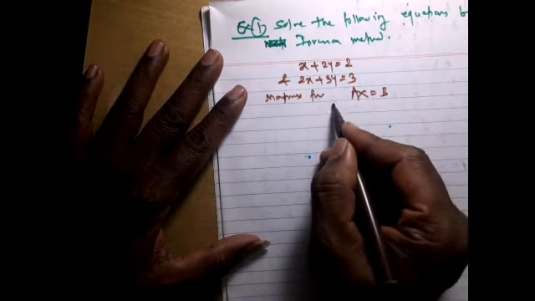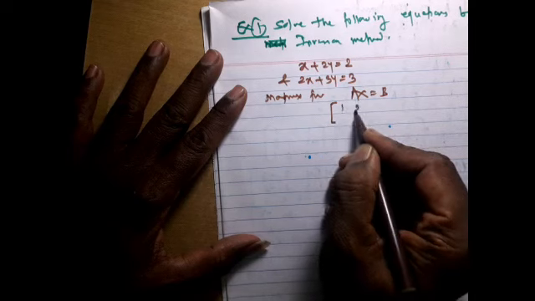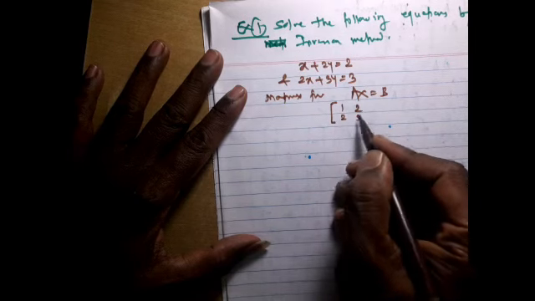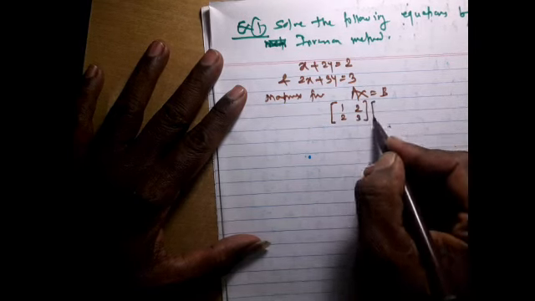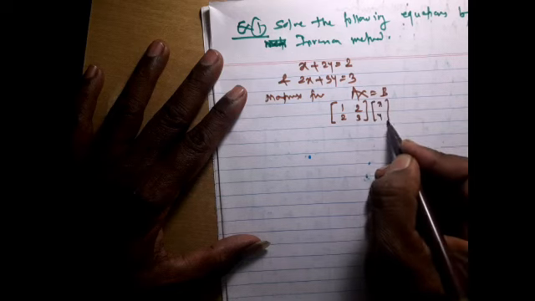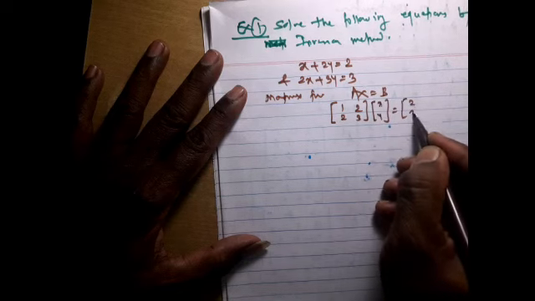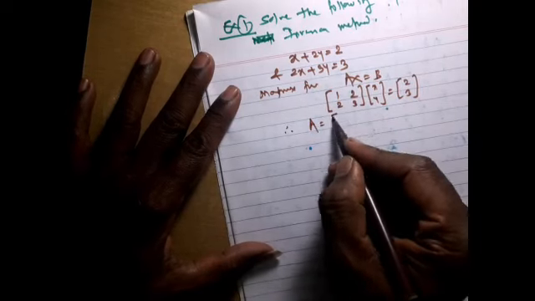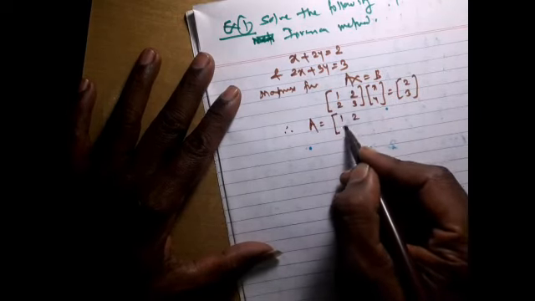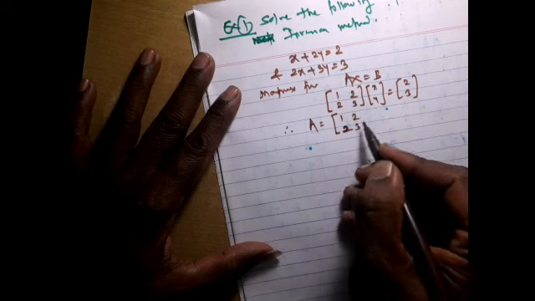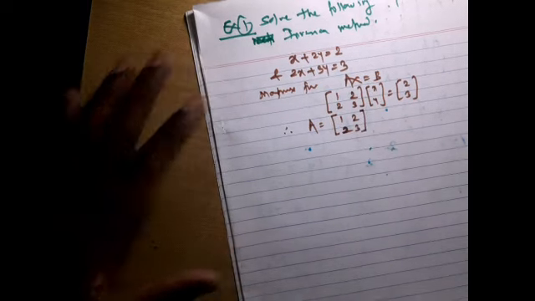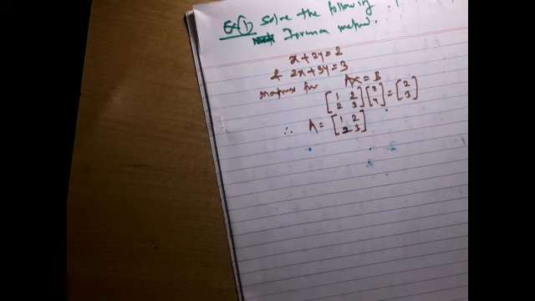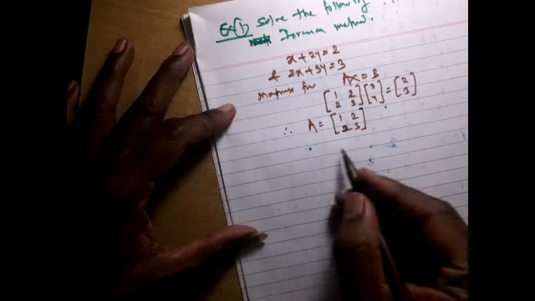AX is equal to B, so A will be [1 2; 2 3], X is the variable matrix and B is [2; 3]. So therefore A is equal to [1 2; 2 3]. Find inverse of matrix A. We use here the adjoint method.